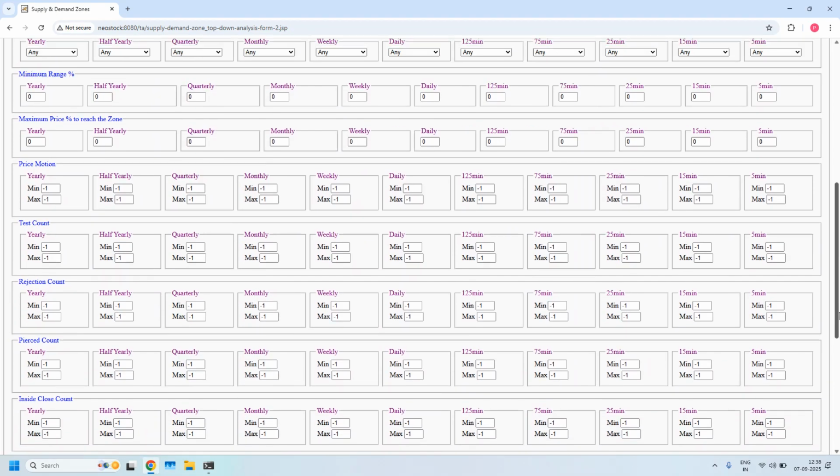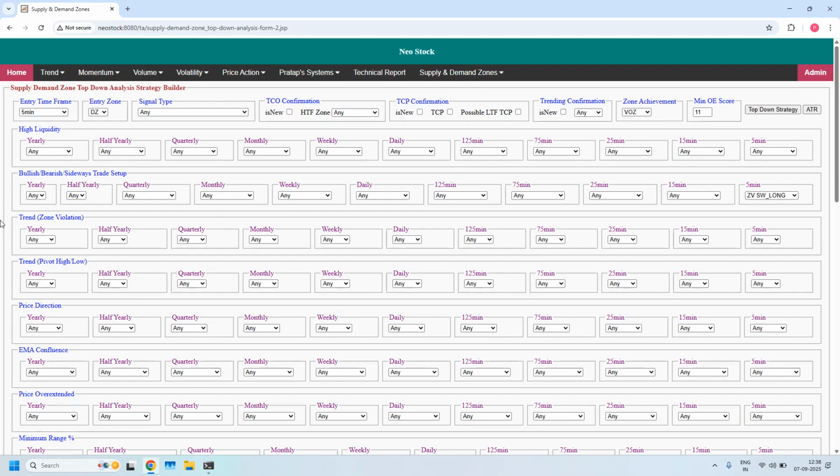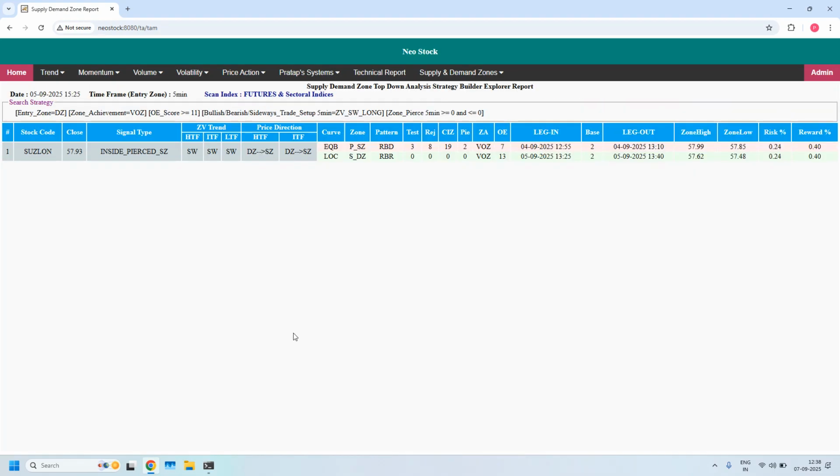So in the pierced count at 5 minutes time frame, I am setting minimum value 0, maximum value 0. That means pierced count is 0. Pierced count 0 means zone is not pierced, which is on 5 minutes demand zone. Let's filter. We got one stock supporting sideways long trade setup for hourly income trade.